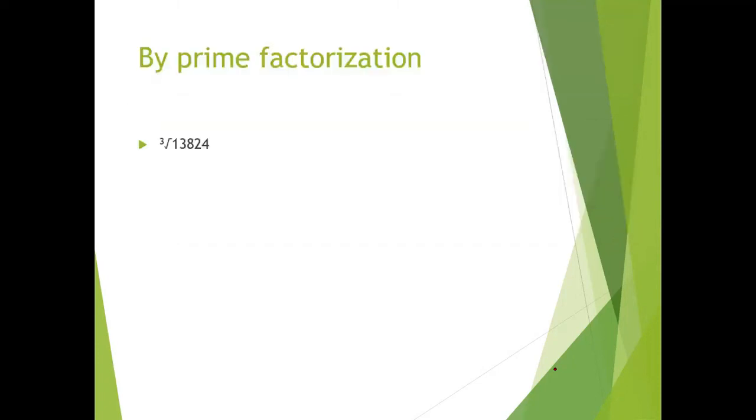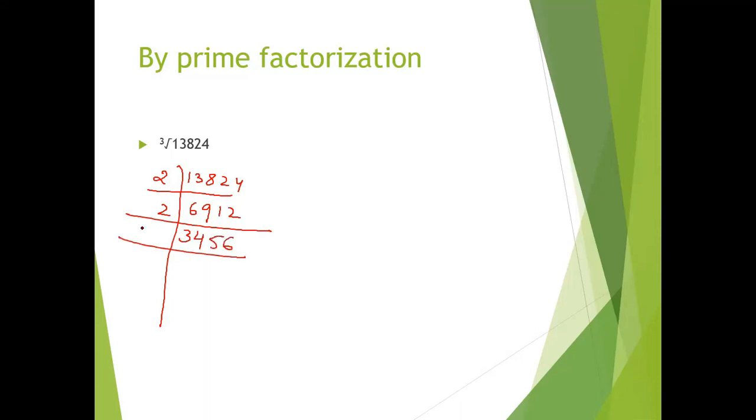Now let's find the cube root of 13824 by prime factorization. Let's start. 13824 divided by 2 is 6912. Again 2, 3456. Again 2, 1728. Again 2, 864.